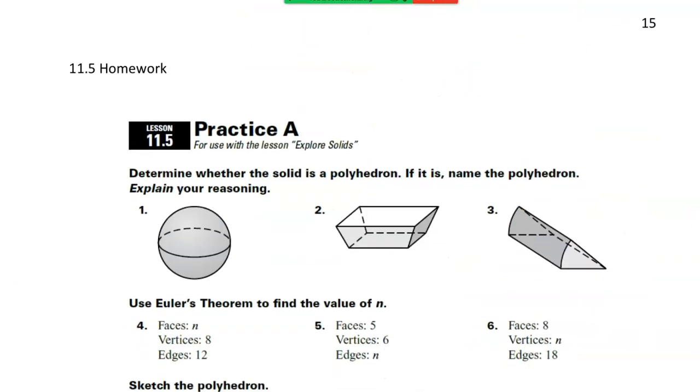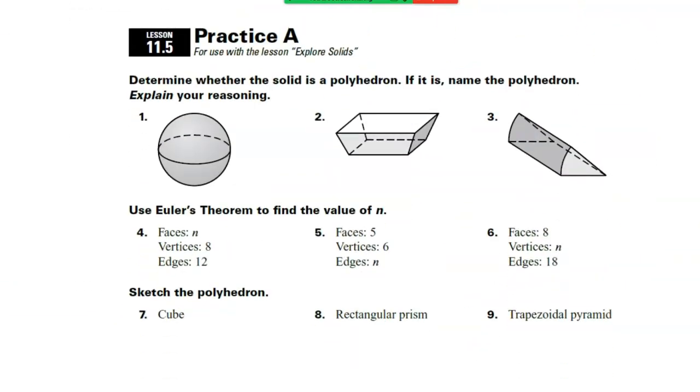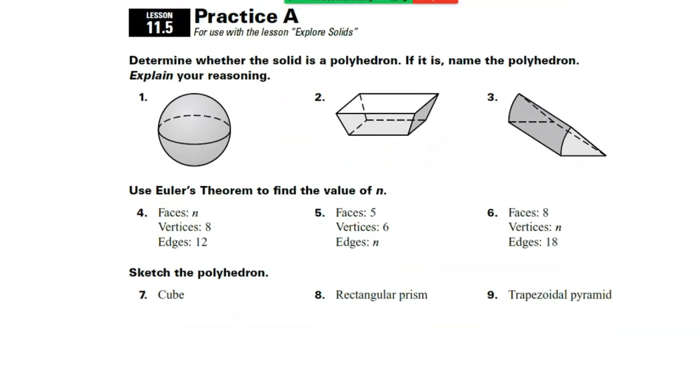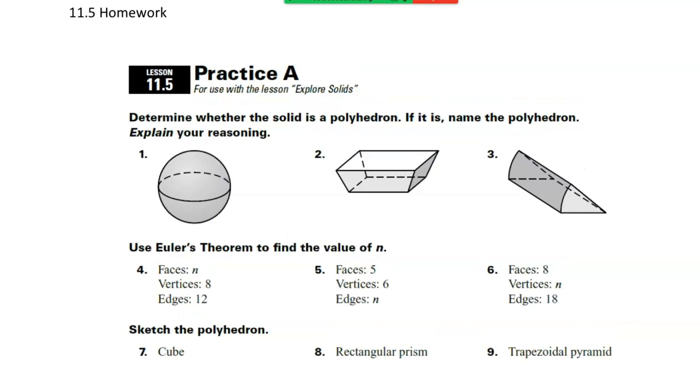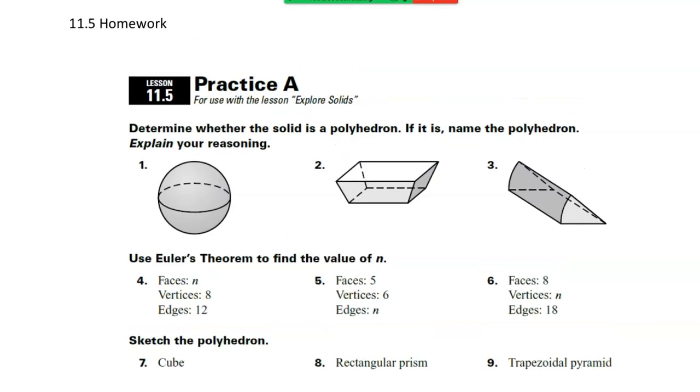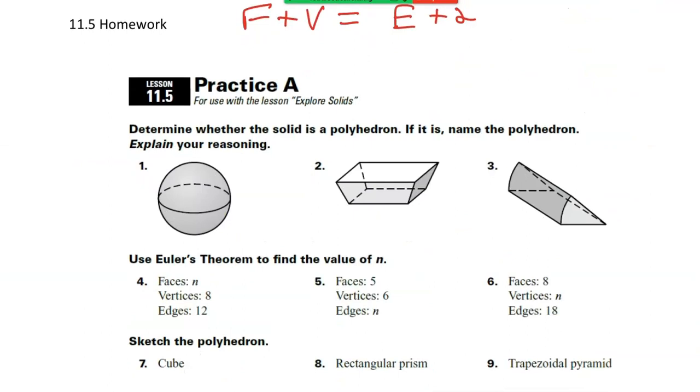Okay, let's move on to some more practice. And in this practice, we're not going to do all of it, just some of it. For our practice, we definitely need to know, and this is the homework, that F plus V equals E plus 2. Okay, so we have all the notes done.